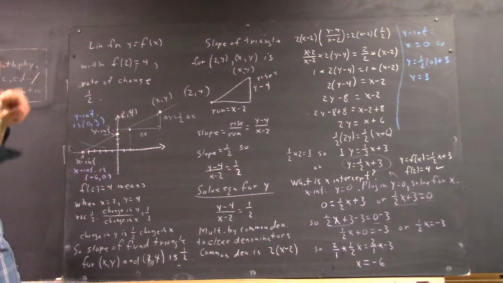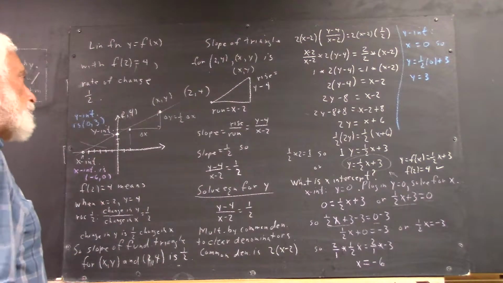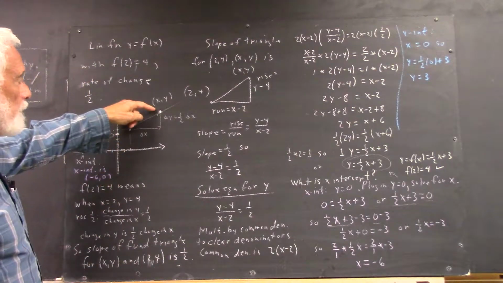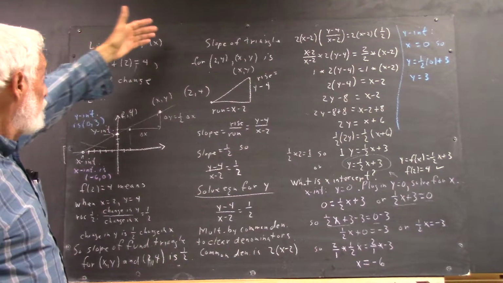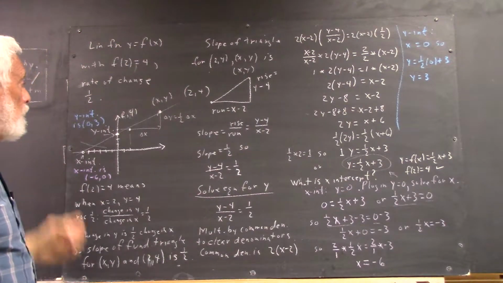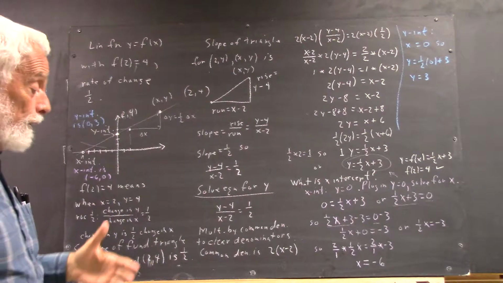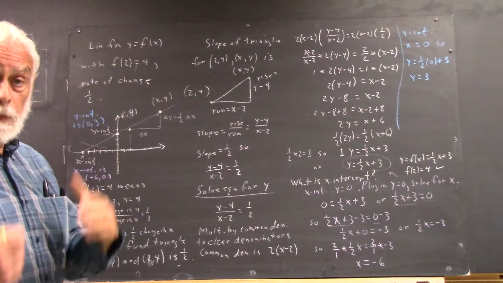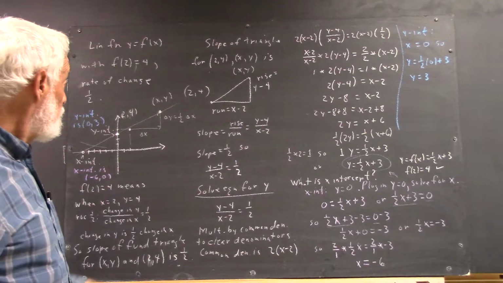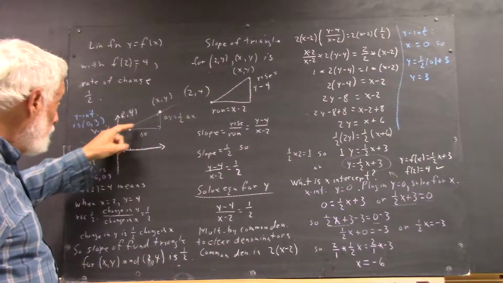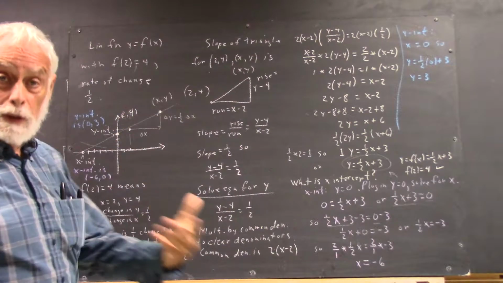What does that mean? Well, people weren't real clear on that, so I said, well, let's just say x, y is a point on the graph of this linear function. What does it mean for the rate of change to be 1/2? This means the rate of change is 1/2 between any 2 points. So if x, y is a point on the graph, then the rate of change from here to here has to be 1/2.